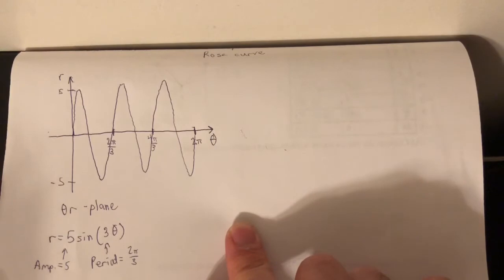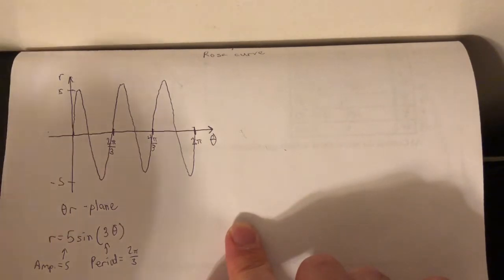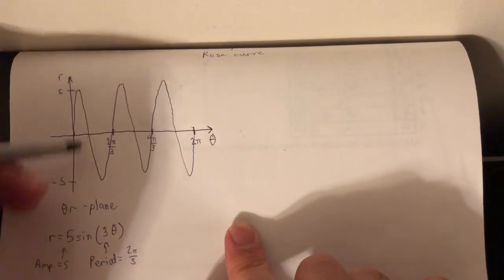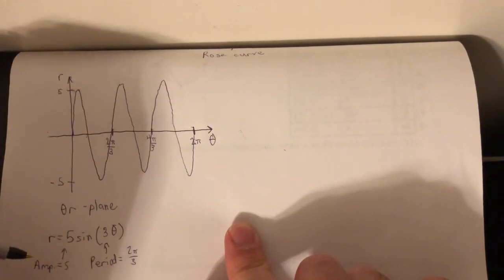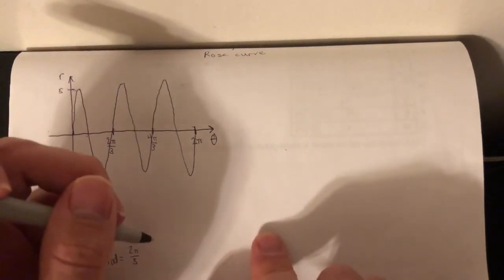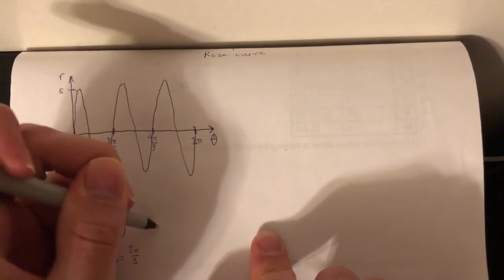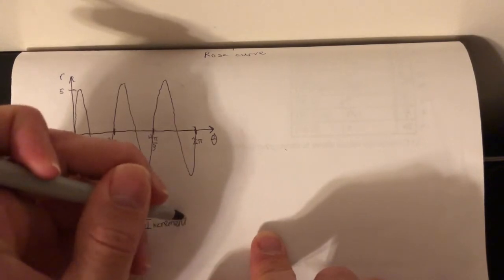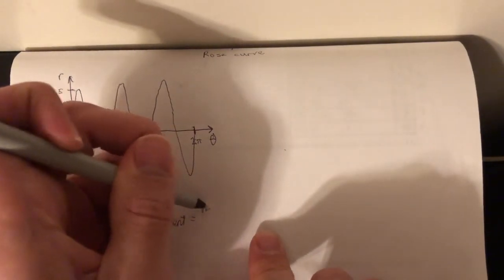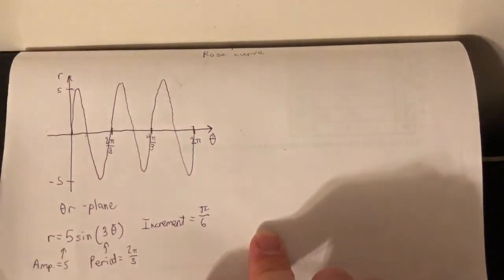So let's think a little bit more deeply about where I'm hitting 5, where I'm hitting 0, and where I'm hitting negative 5. If we remember back from chapter 10, if the period is 2 pi over 3, the increment is going to be 1/4 of that. So if I take 2 pi over 3 and multiply that by 1/4, I get 2 pi over 12, or just pi over 6.